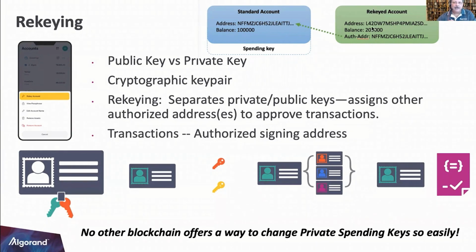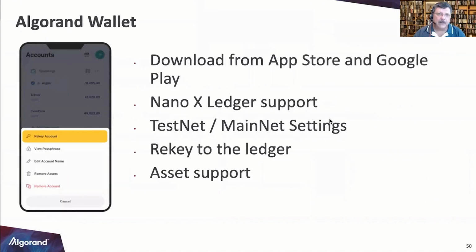And you can see with the transaction, it looks here on the right, that we have a rekeyed account. So this address that begins with L42 has an authorized address now of NFF. So NFF is actually going to be the spending key or the signing key that would be associated with that particular transaction. So pretty smart, very easy to implement, and really provides you a lot of flexibility.